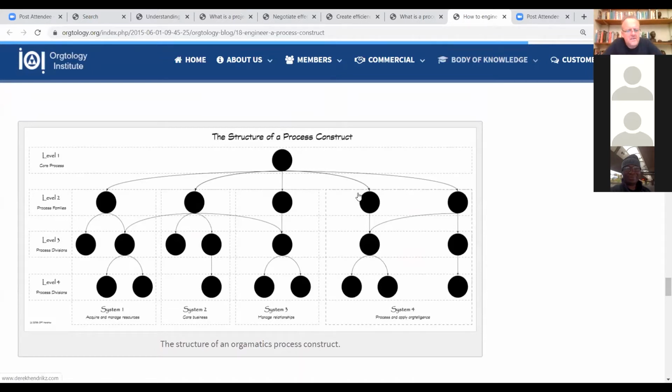I think that this model often conflicts with current day models of organizations, because the organizations often do not have these process constructs. They just have a lot of processes which are mostly procedures, and then they have an organogram which represents how they divide humans, the authority throughout the organization.